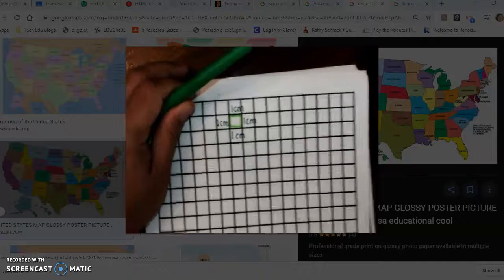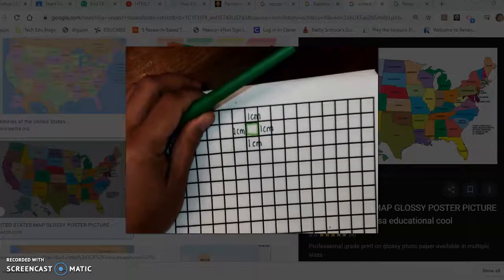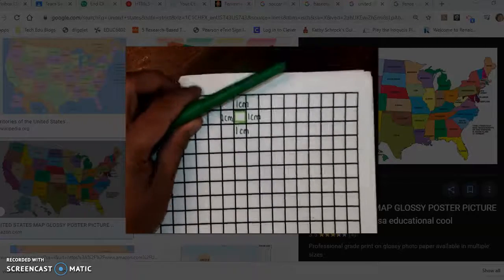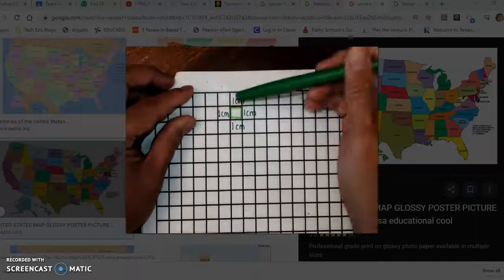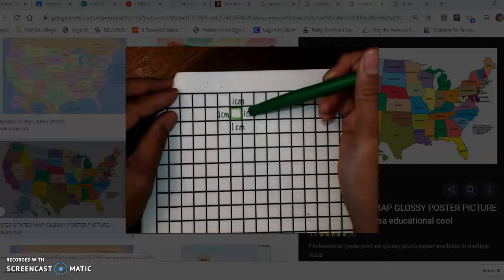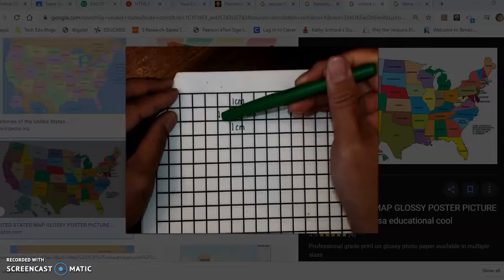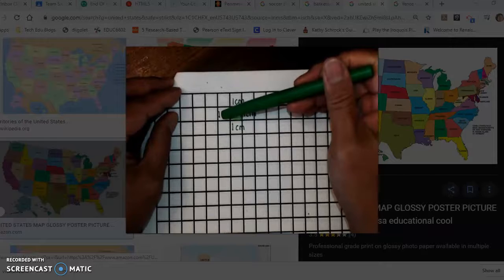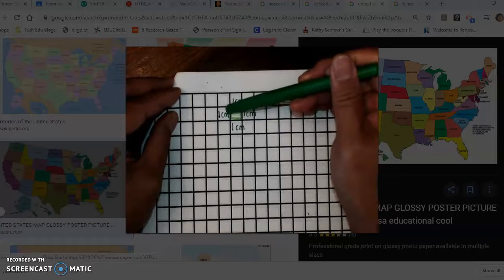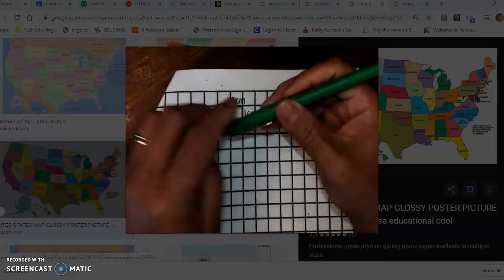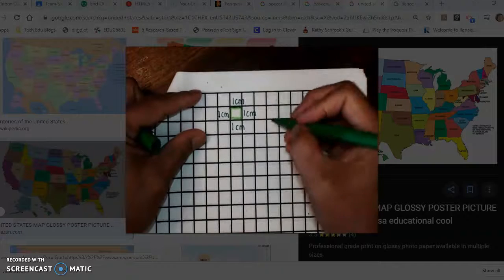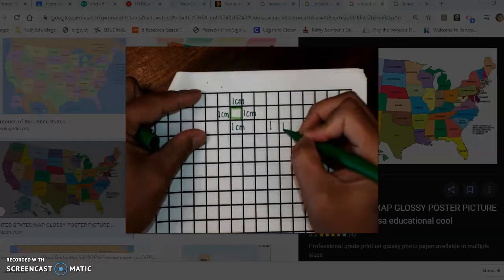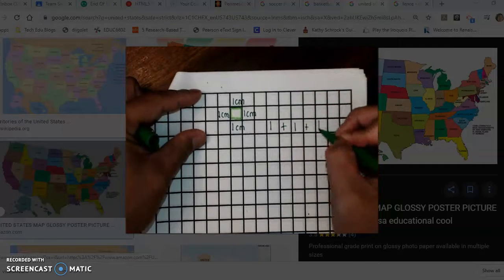So we're going to try to find the perimeter. And the way we do this is by adding up all of the sides. So we just add 1 plus 1 plus 1 plus 1. And that gives us the total distance around it, or what we call the perimeter. So let's add those 1 centimeters. 1 plus 1 plus 1 plus 1.